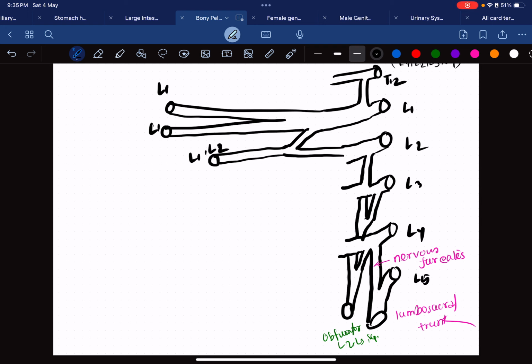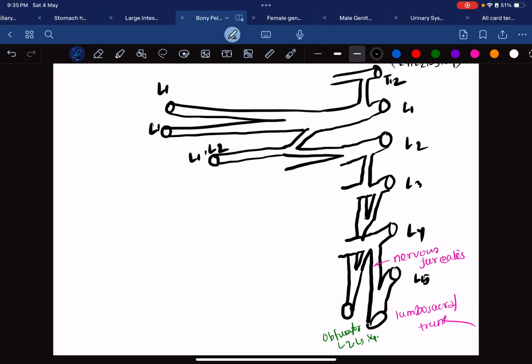Now, we'll have another nerve, that is the lateral femoral cutaneous nerve, that receives lumbar 2 and lumbar 3. Now lumbar 2, we had a twig from lumbar 2.